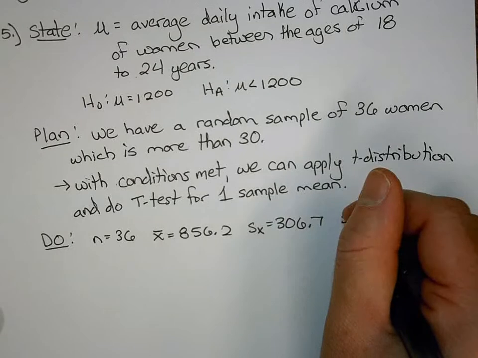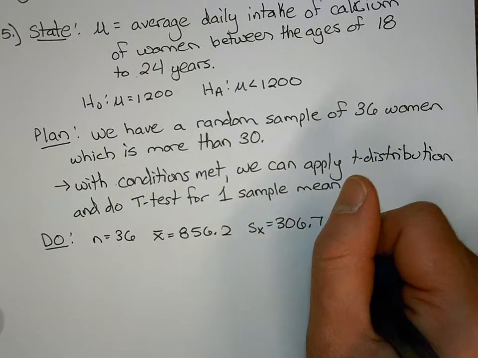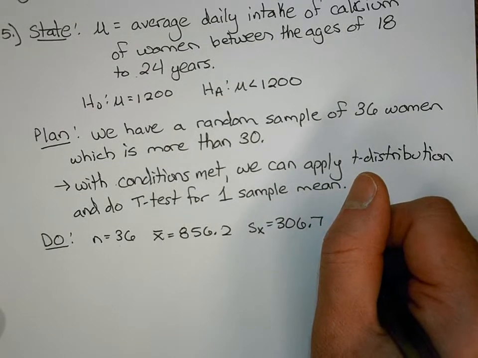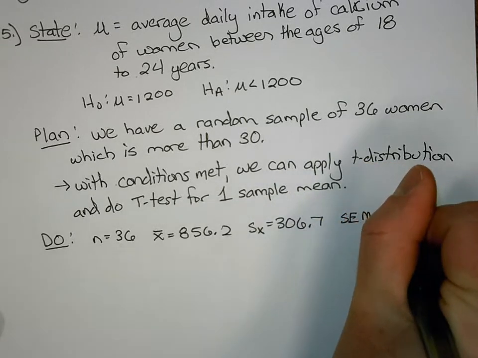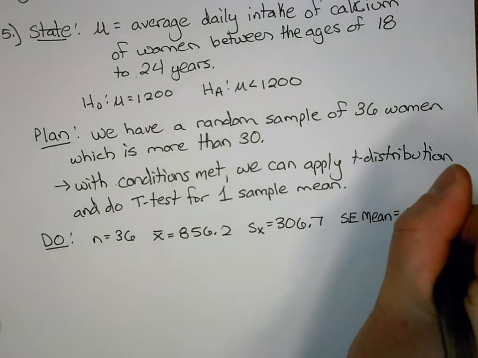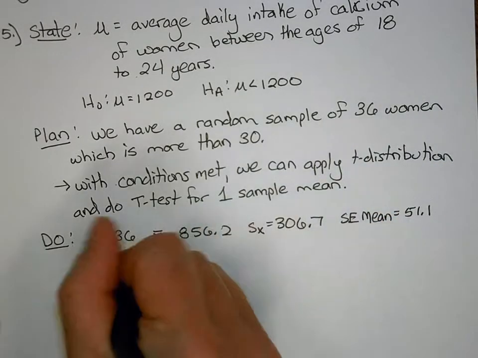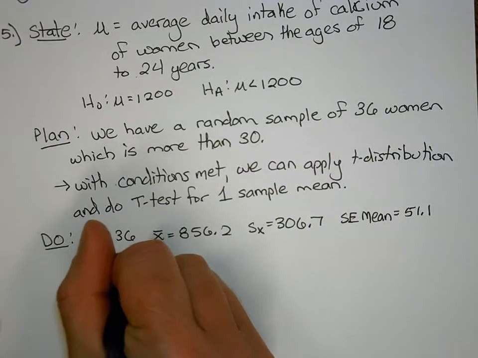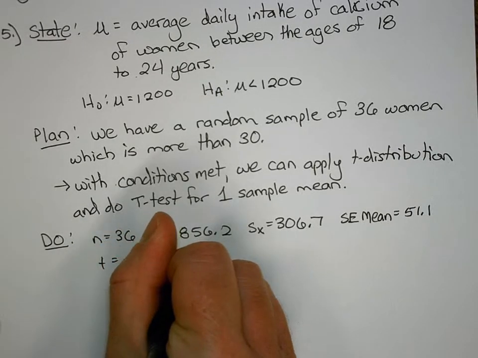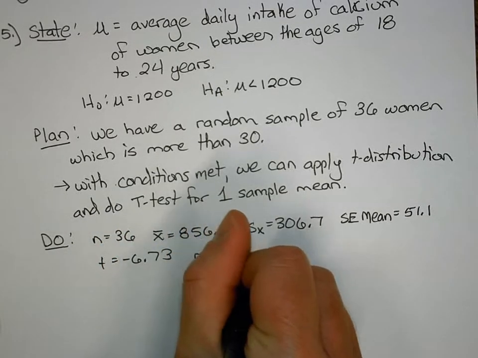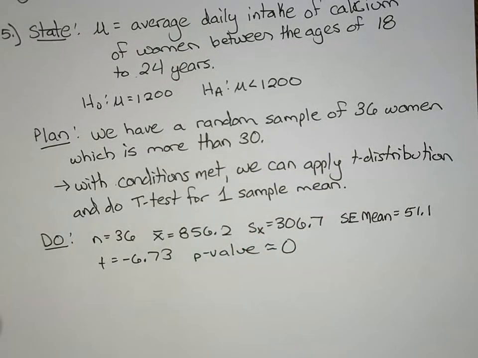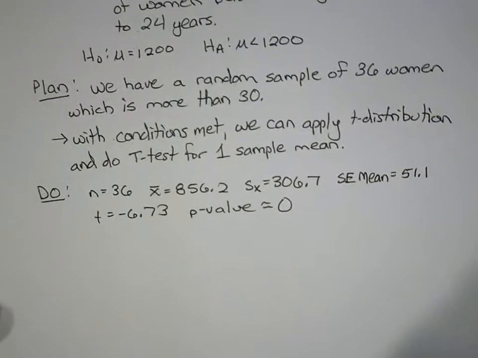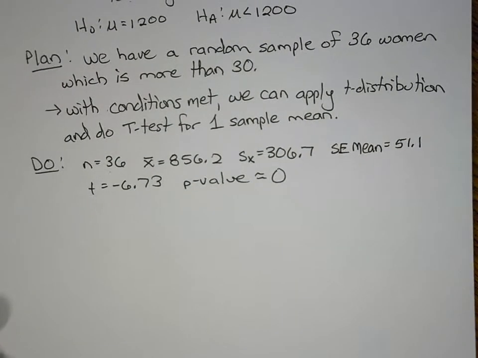That's just 306.7 divided by the square root of 36, I believe. It's 51.1. Then we have our t-score, negative 6.73, and our p-value, they said was basically 0. Now you could plug all that into your calculator. You don't need to, but you would highlight statistics and put in the info.